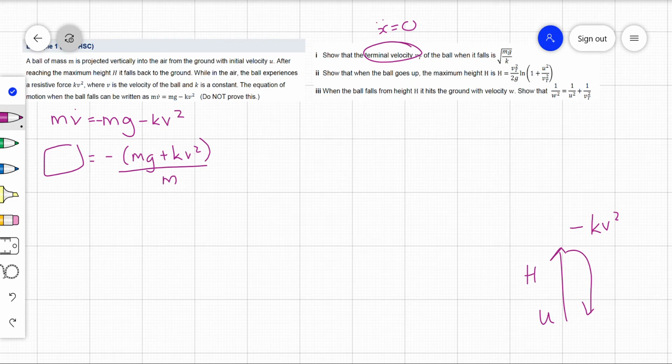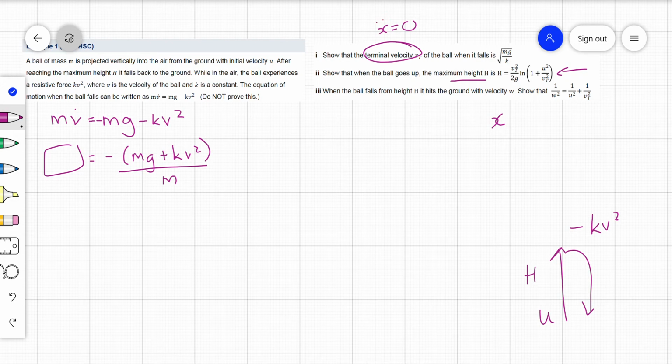Show that when the ball goes up, the maximum height, so height is x, so I'm looking for x at the maximum, which is called h. And if I look in here, it's got some velocities in it. It's got terminal velocity and it's got the initial velocity, u.